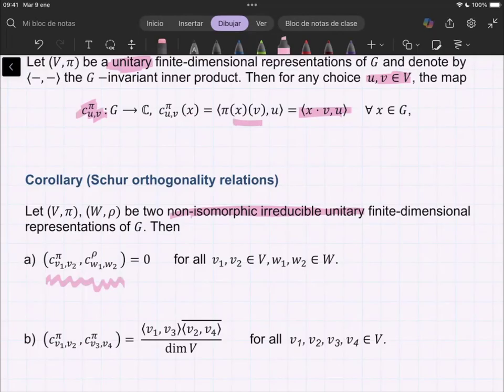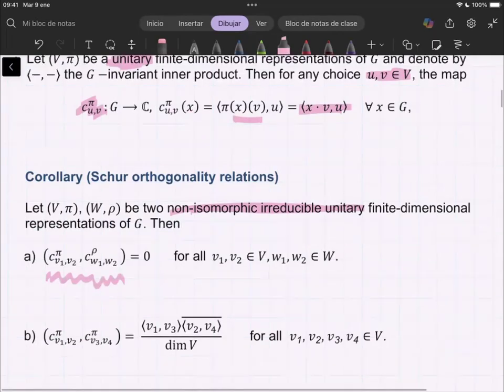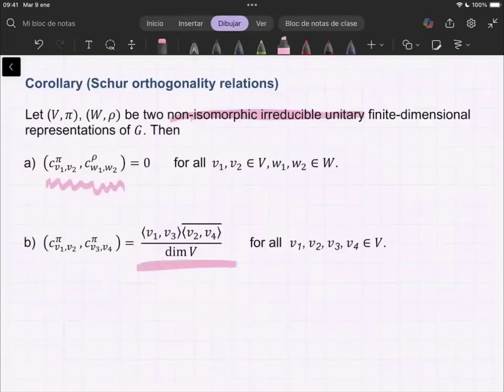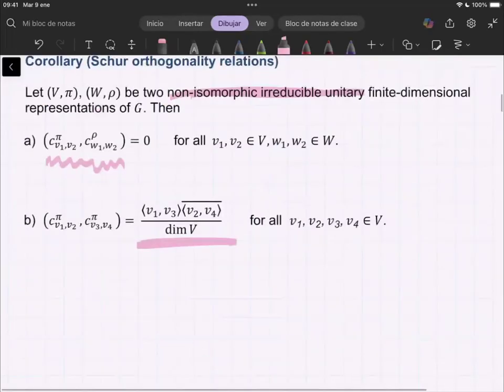And if we take the same representation, the formula involves the inner product between the vectors that we choose to define the matrix coefficient.